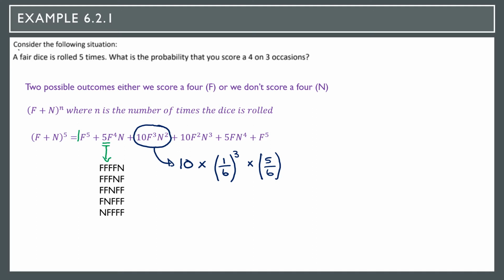Because we've got three 4s and we're rolling the dice 5 times, we must have had 2 occasions where we haven't rolled a 4, so (5/6)^2. When we work out that probability, everybody should find 125 over 3,888.